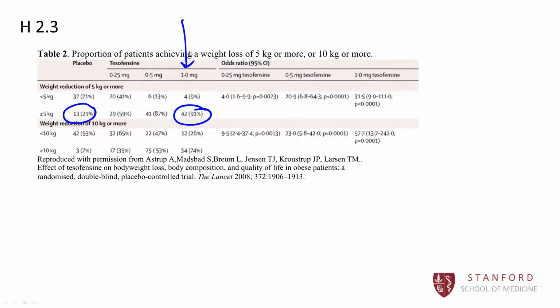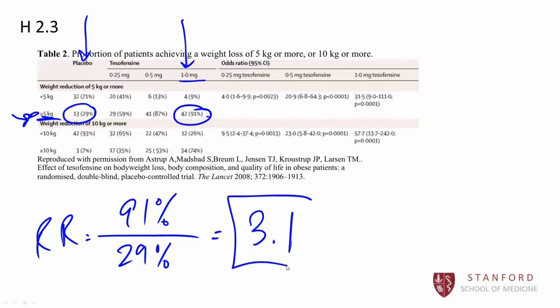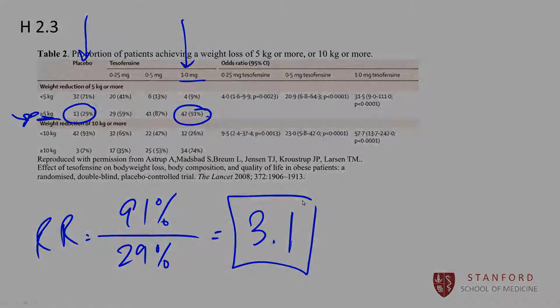This is the 1 milligram dose, this is the placebo dose, that's what we want to compare, in the 5 kilogram weight loss group. To calculate the risk ratio, that's simply going to be 91%, or the probability of losing greater than or equal to 5 kilograms if you're taking this drug, divided by 29%. That calculation works out to be about 3.1. So the risk ratio is approximately 3.1.